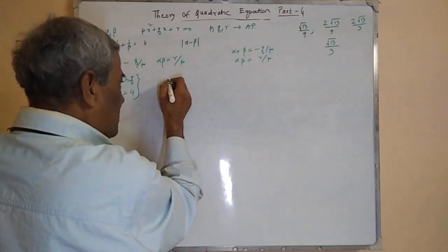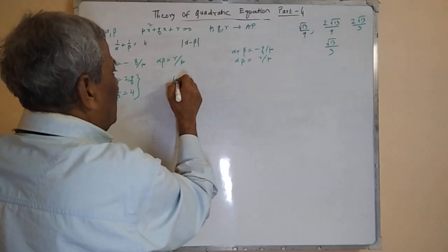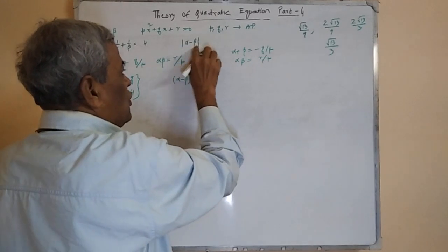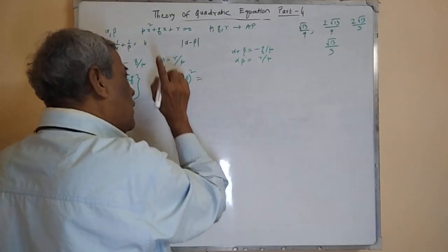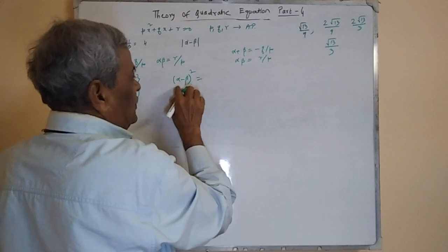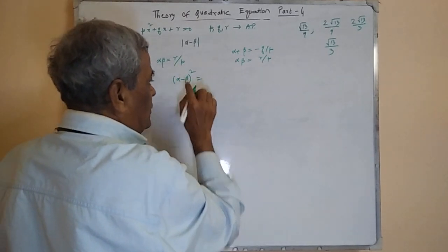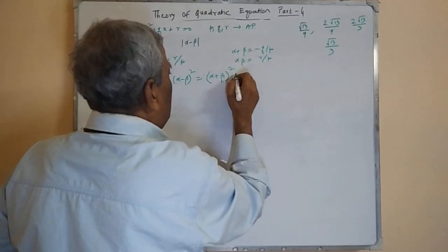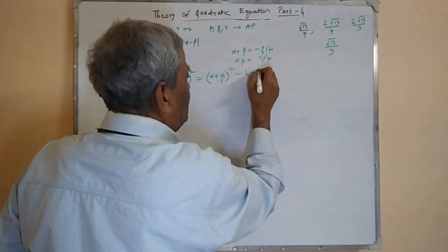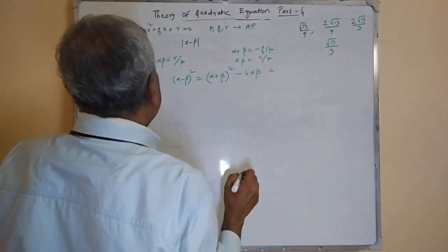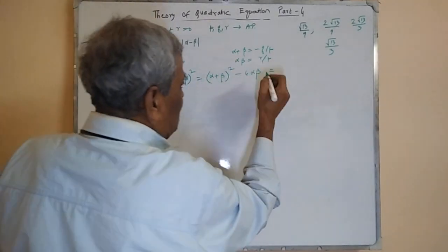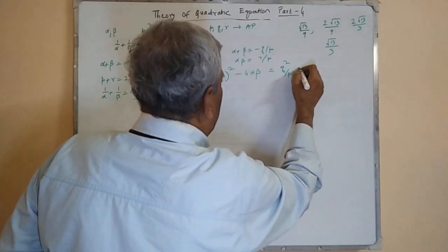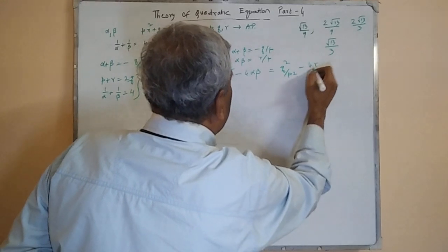Now I calculate first alpha minus beta whole square. Its mod value is, so we actually take the positive value of the square root of this whole square. It is equal to alpha plus beta whole square minus 4 alpha beta, which is equal to q square by p square minus 4 r by p.